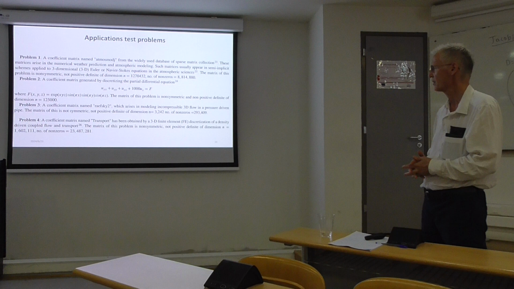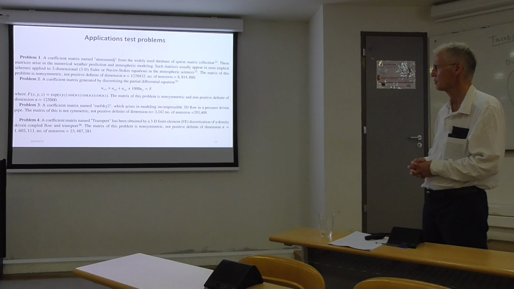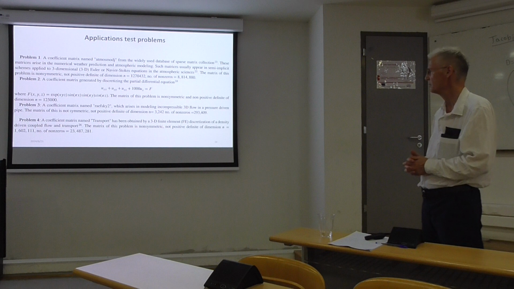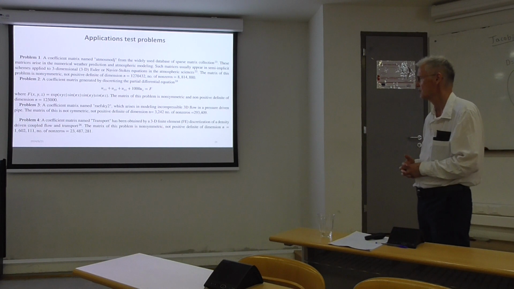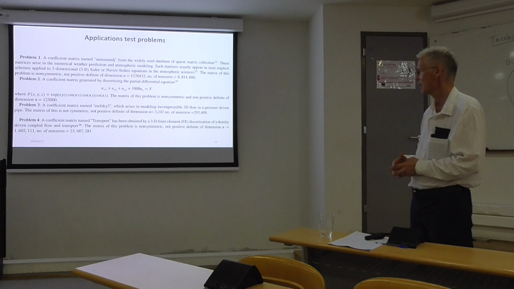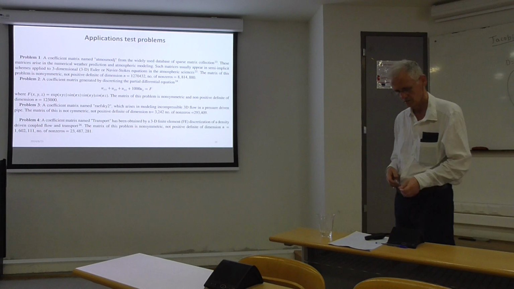And the last one, which actually is the most difficult of the problems that we solved in our test, is the transport problem, which is a 3D finite element discretization of density coupled flow and transport. And this has more non-zeros, 23 million.